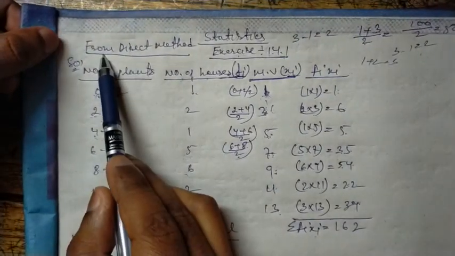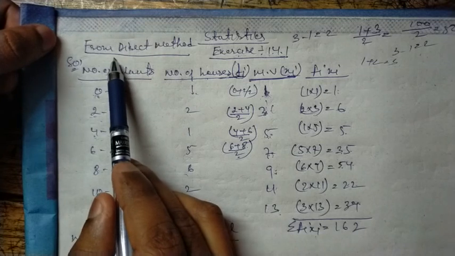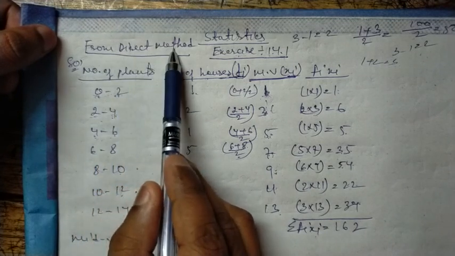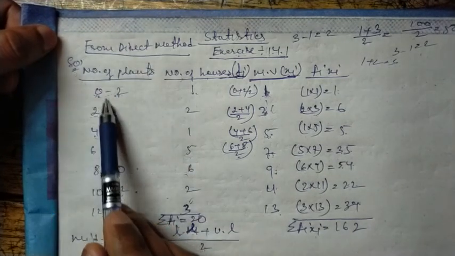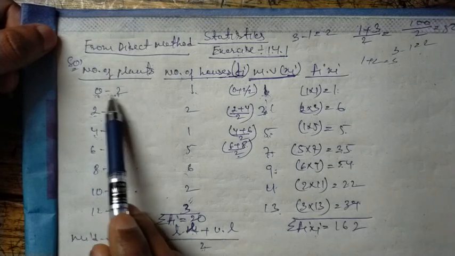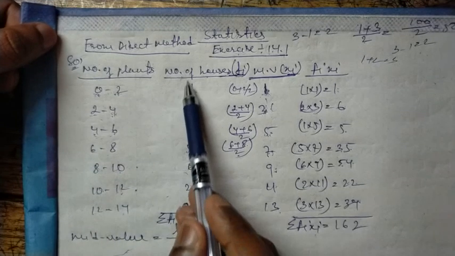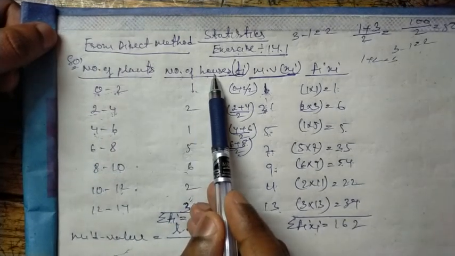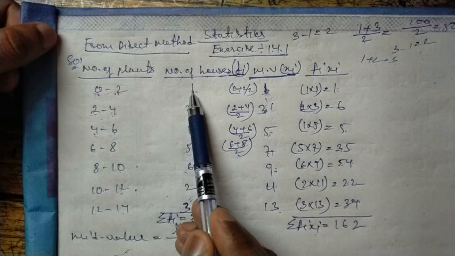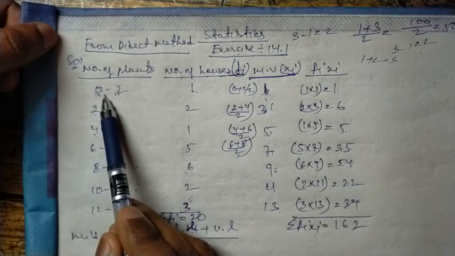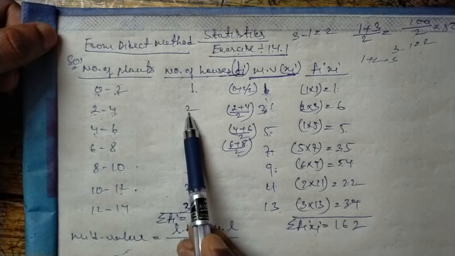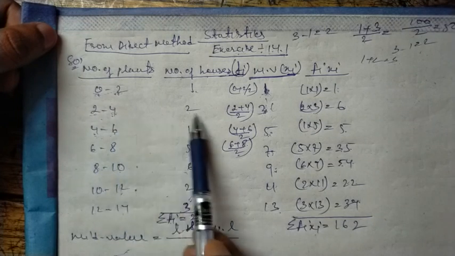We are going to do the solution by the direct method first. The number of plants are 0 to 2, 2 to 4, 4 to 6. The number of houses means one house has planted this many trees, and these two houses have planted this many.